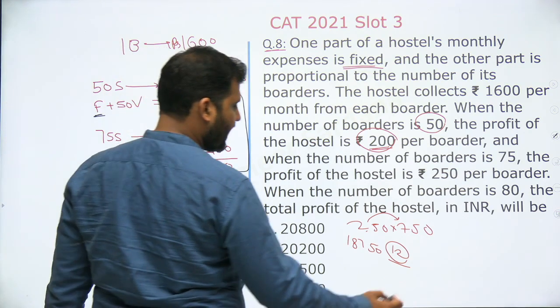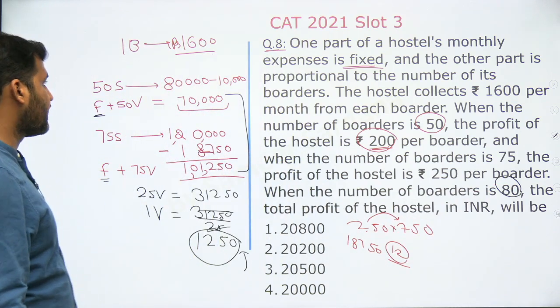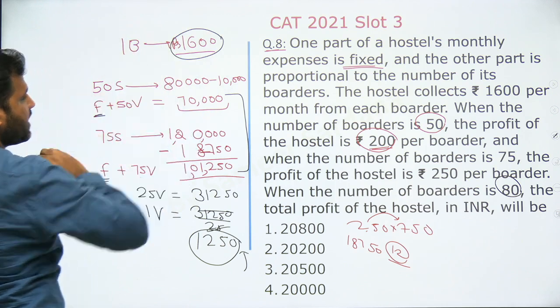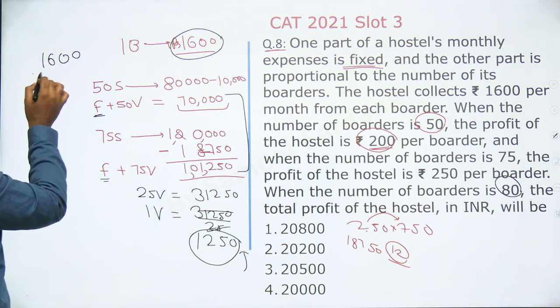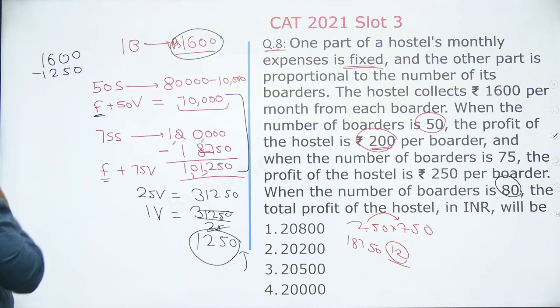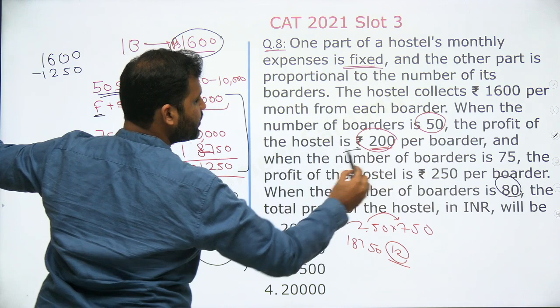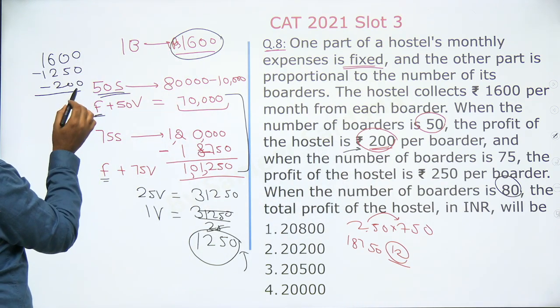We are supposed to find out when the number of students is 80, what the total profit of this hostel is. So guys, see here, out of total 1,600 rupees, your variable expense is 1,250, right? And when there are 50 students, per student profit is 200. So if I subtract the profit also, I will be left with how much?